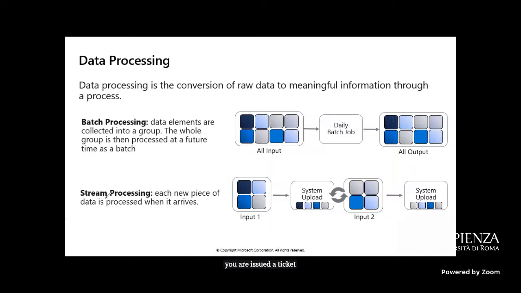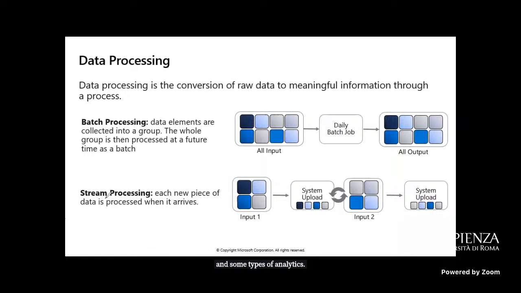That's a real-time response to an action, and each piece of data is processed when it arrives. Now, on the flip side, at the end of the month, they want to know what happened. You understand? We are still going to get into that, and we're going to talk about what we call descriptive, prescriptive, and some other types of analytics.